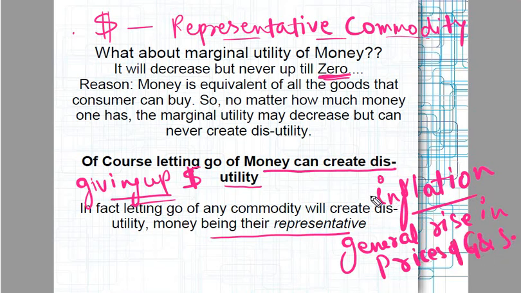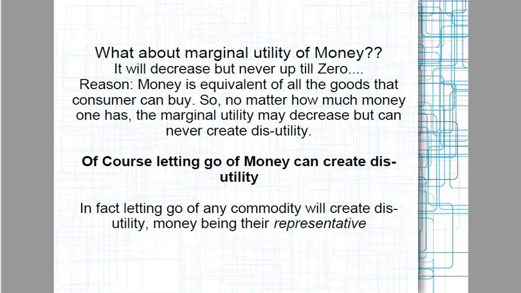That's what inflation is. It means for the same unit of a good or any commodity, you have to give up more and more money, and if it becomes hyperinflation, then that becomes a real problem. We have discussed inflation in previous lectures. So definitely giving up money can create disutility.